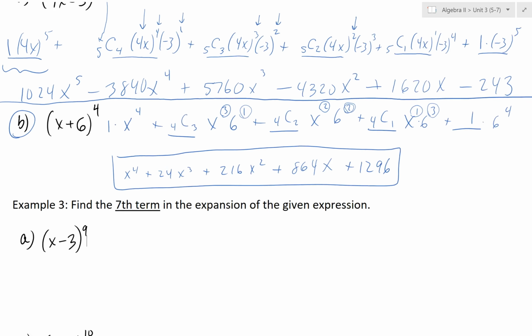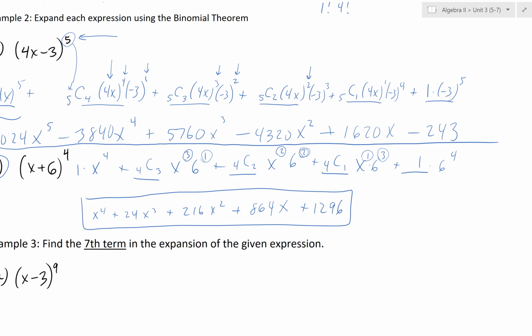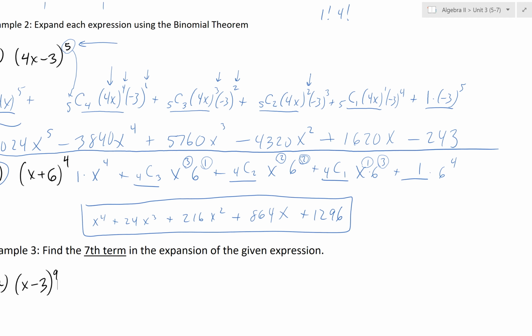Okay, so you can go ahead and check your answer for example B. You can look at the steps there. Anybody have a question on any of the terms for that expansion?